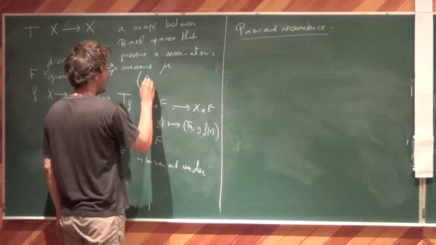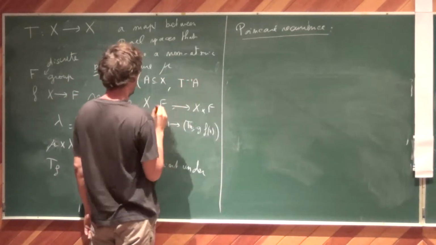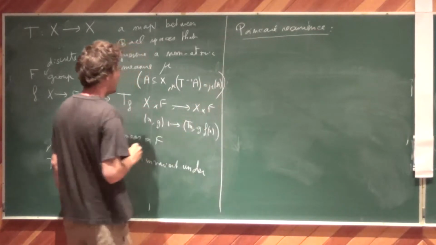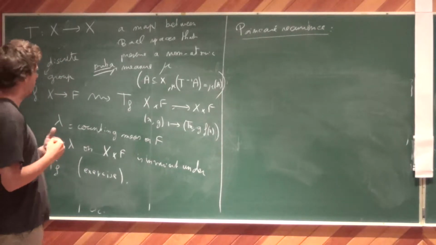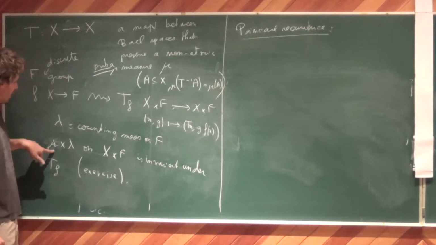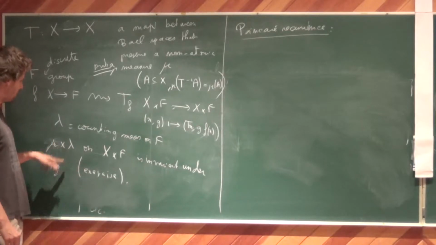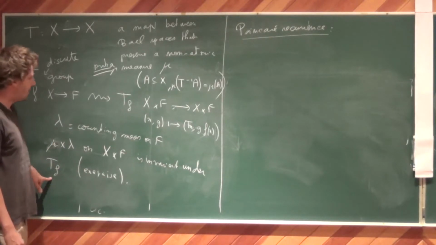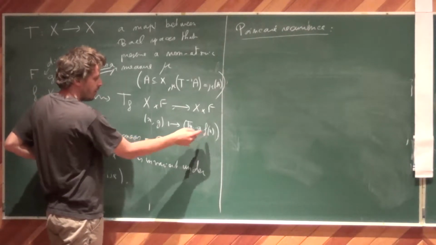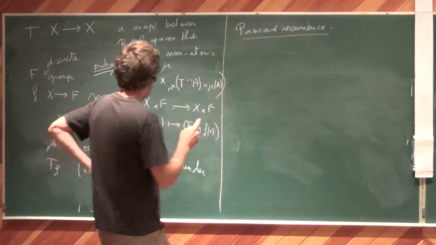It means that for any A, all my sets being measurable, the measure of the inverse image of A is equal to the measure of A. This means preserving the measure. And you can check that the product of the initial measure with the counting measure on the fiber is actually preserved under this skew product. This is because the counting measure is a Haar measure for the group, and when you act by multiplication, you preserve that measure.